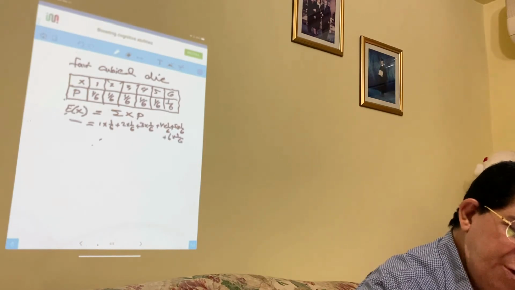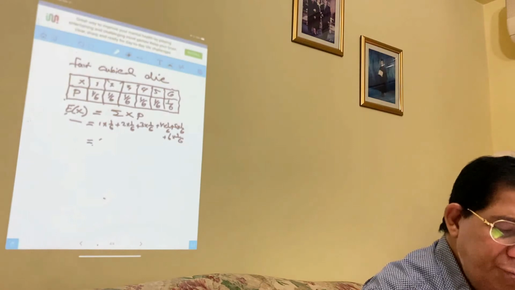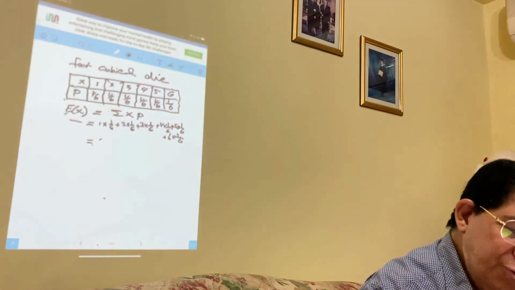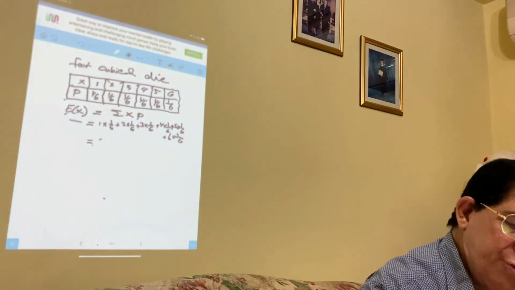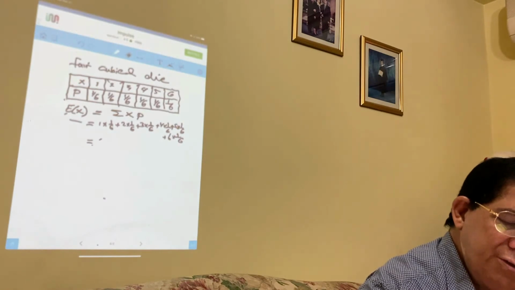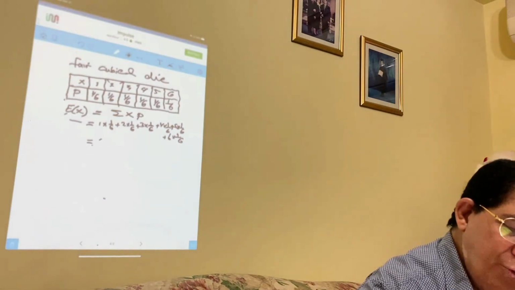We add them up, right? We get the value by adding 1 plus 2 is 3, 6, 10, 15, 21 over 6.